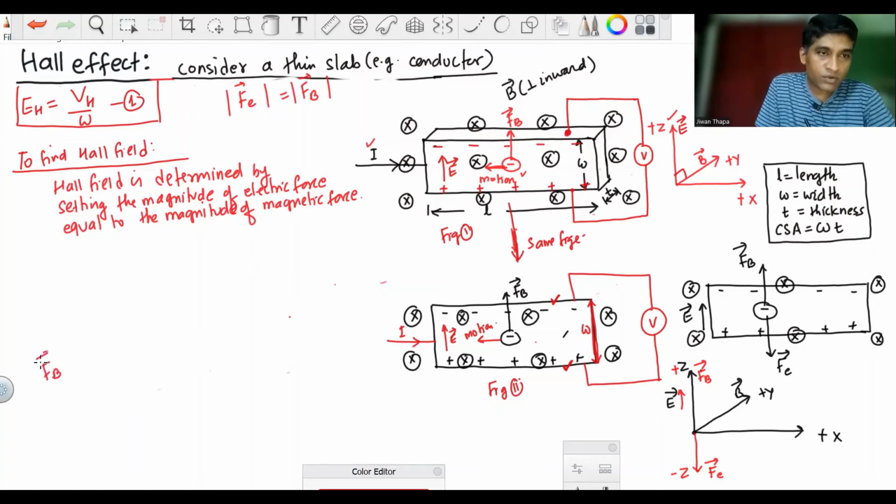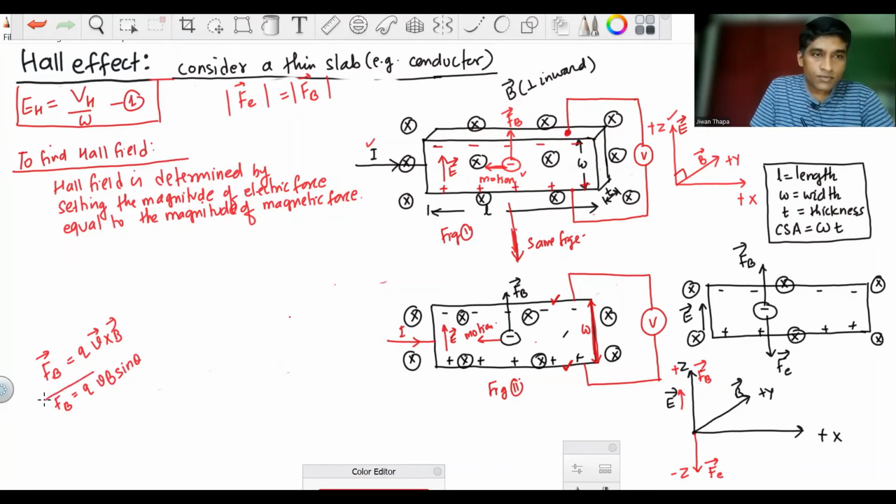This is magnetic force, this equals Q, velocity cross magnetic field. Now if we write in magnitude, or if we simplify this, we get this. Clear?